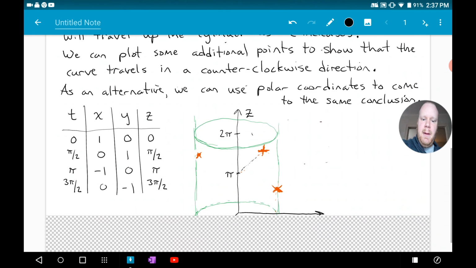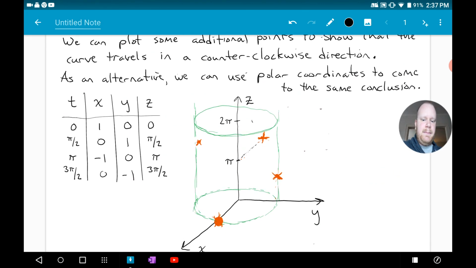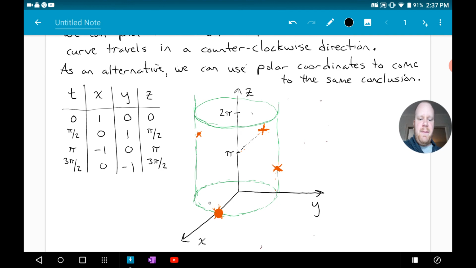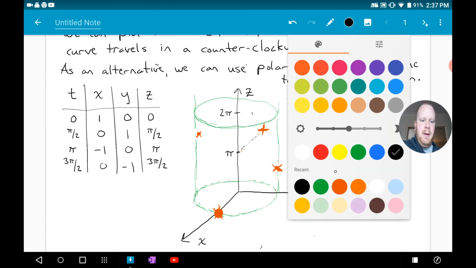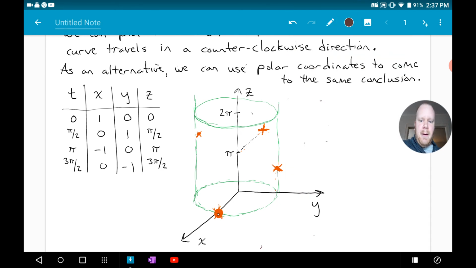Okay. So what I mentioned above was my first step was going to be to plot t equals 0. When t is equal to 0, I have my functions for x, y, and z. It turns out that t equals 0 is right here.